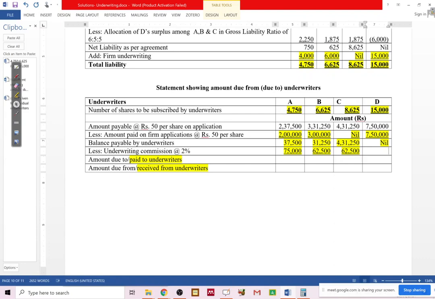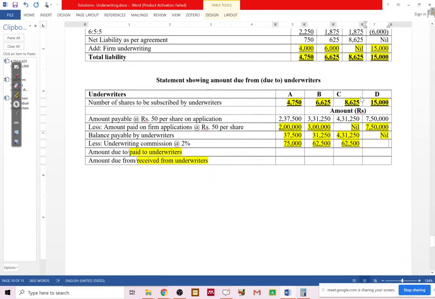And of course, in the case of D, his underwriting gross liability is 25,000.